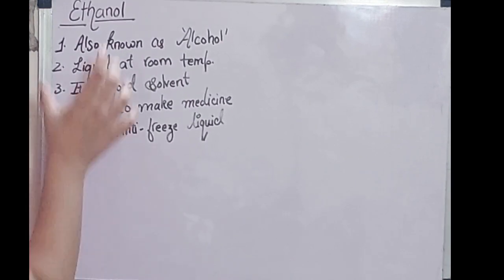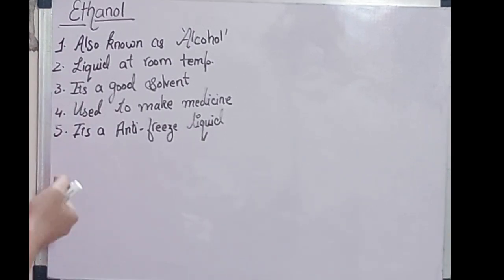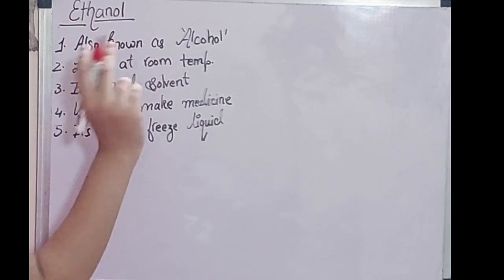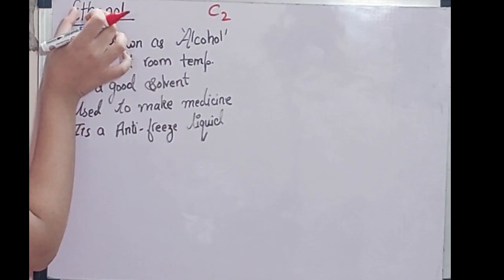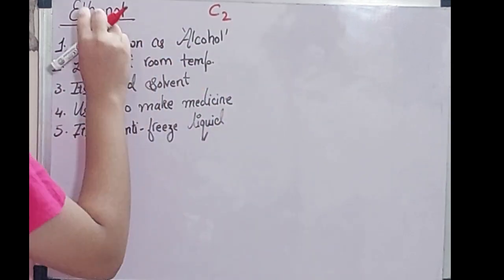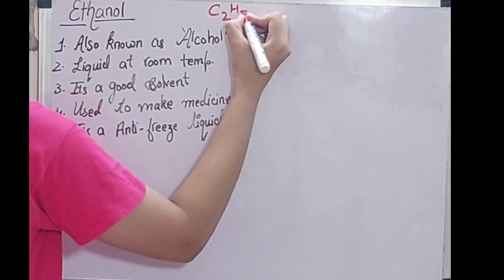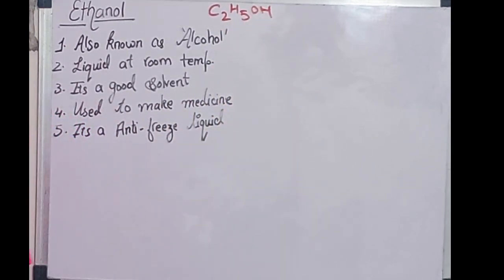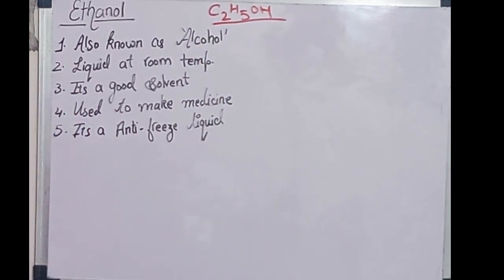Coming back to this, ethanol. By now, you must have learned about functional groups. If you haven't, you can just go back to the videos and watch it again. I think it will be a good idea. Ethanol means two carbons, C2, "an" means single bond, and "ol" means OH. So C2H5OH is its chemical formula.